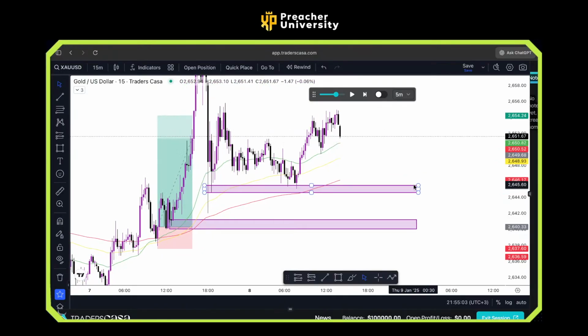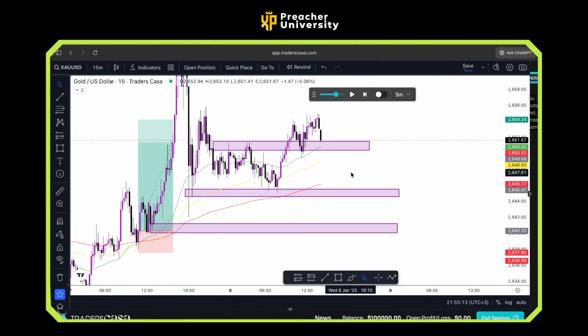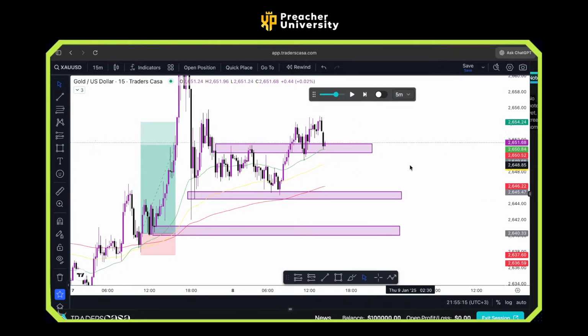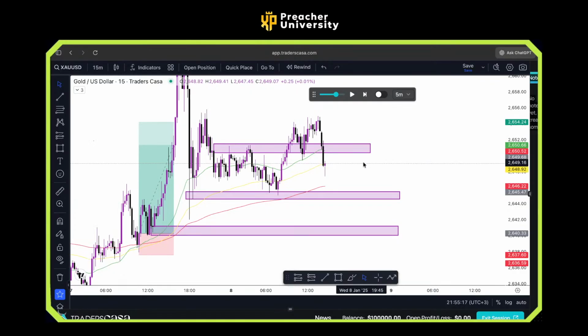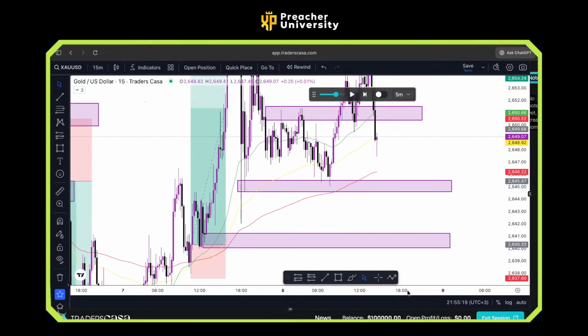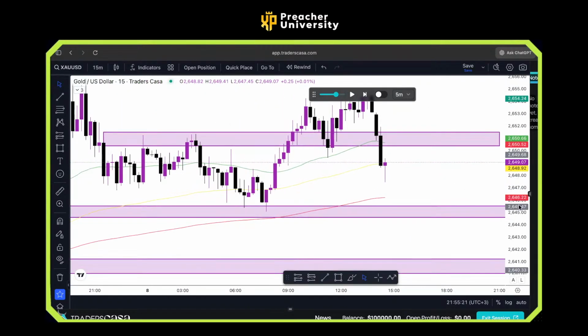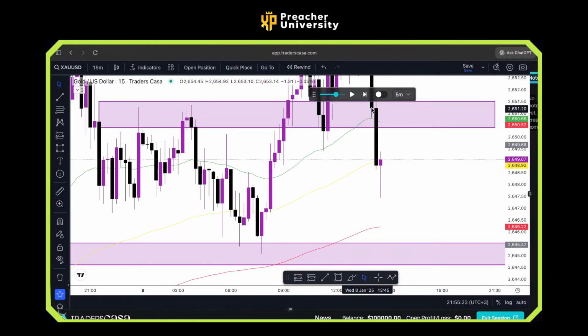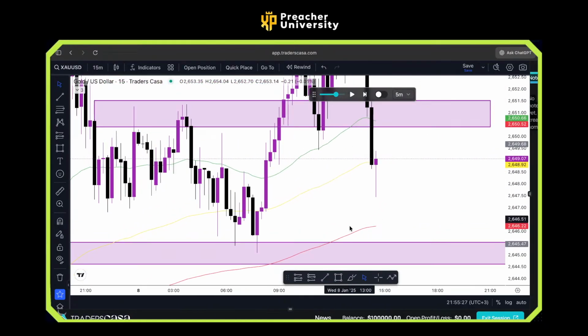Okay, remember, again, we have this part here which is very, very important, because this was resistance that became support for this price where it is right now. But for me to enter into a trade, I've told you that I always love to see at least price coming and taking out the 100 moving average.